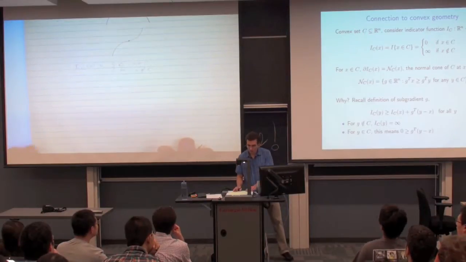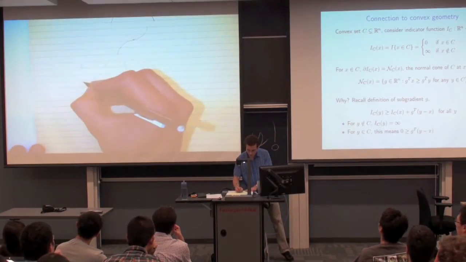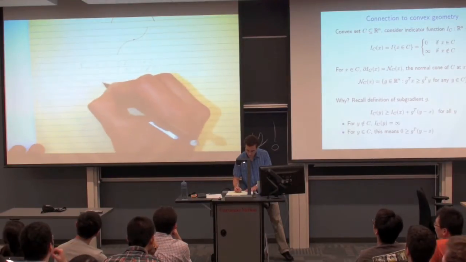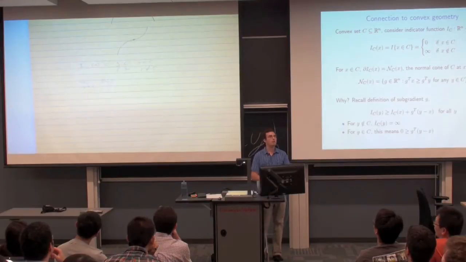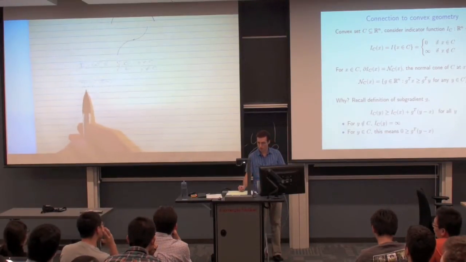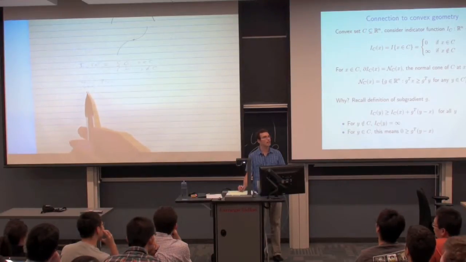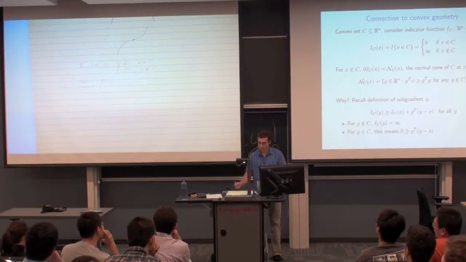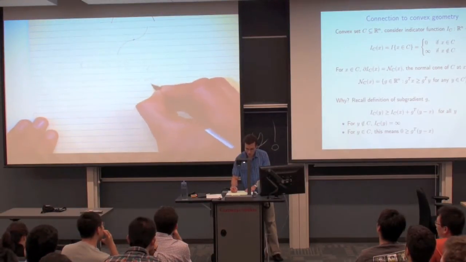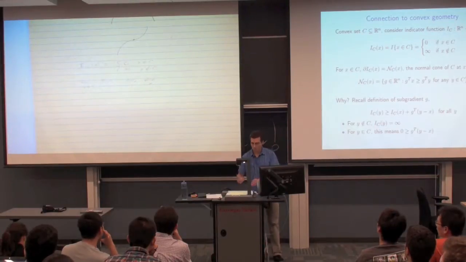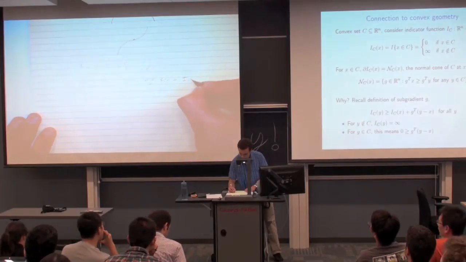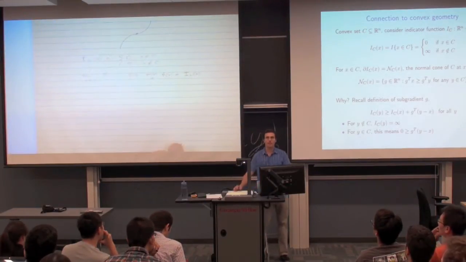And one nice thing about using indicators is that if you ever had a constrained optimization problem, I want to minimize f subject to x being in this convex set C, so this could enforce x to satisfy a bunch of inequality constraints and equality constraints, that's the same as minimizing an unconstrained problem where I just add that indicator.